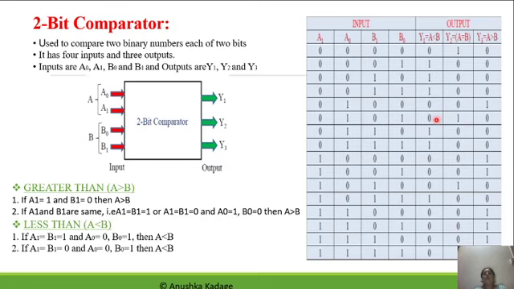Other two outputs will be 0. Next input combination in which A0 is greater than B0 but B1 is greater than A1, and in this situation the number at which the MSB is 1, that number will be greater.